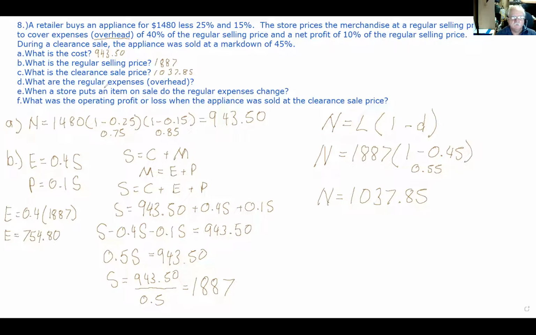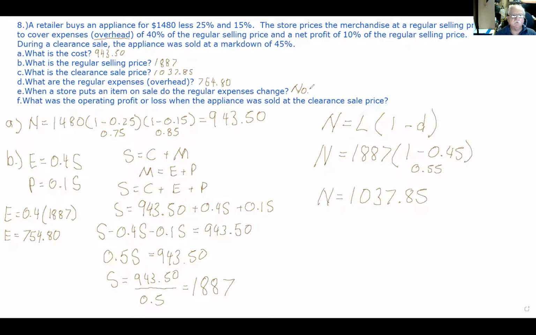And then, what did they ask us? So that's 754.80. And then it says, when a store puts an item on sale, do the regular expenses change? And this is just a theoretical concept, but the answer is no. Because the regular expenses are based on things like the heat, rent, light, taxes, wages, all the costs you can imagine of running a business.